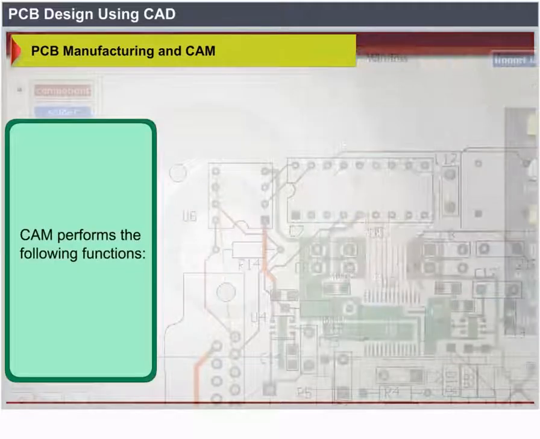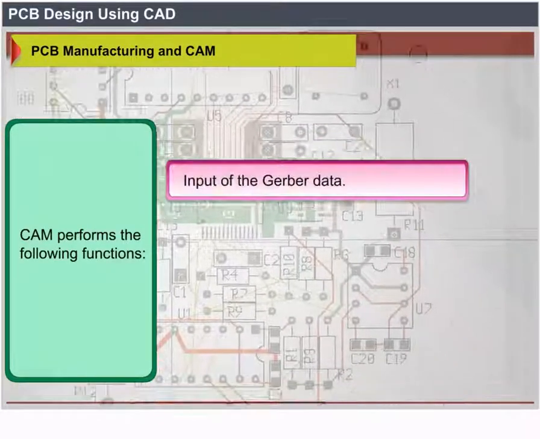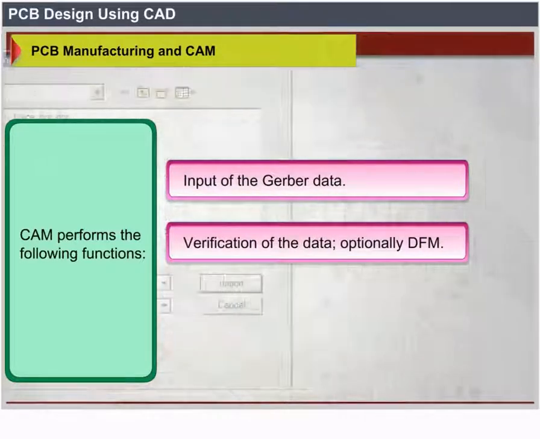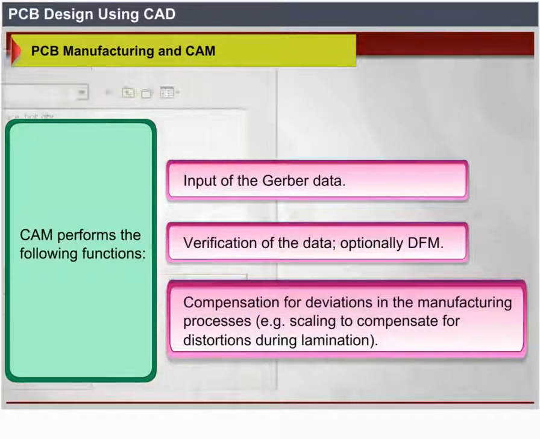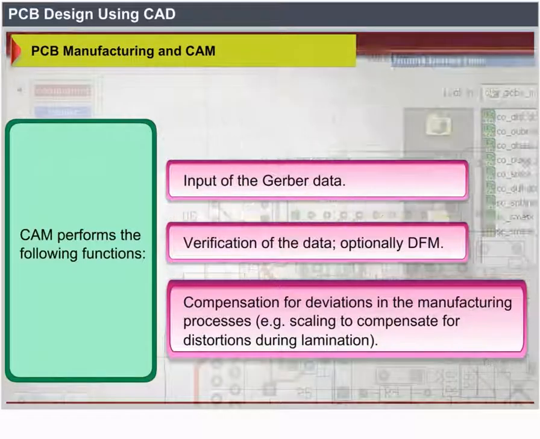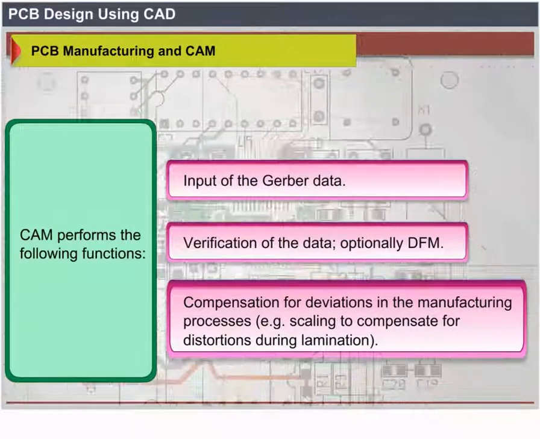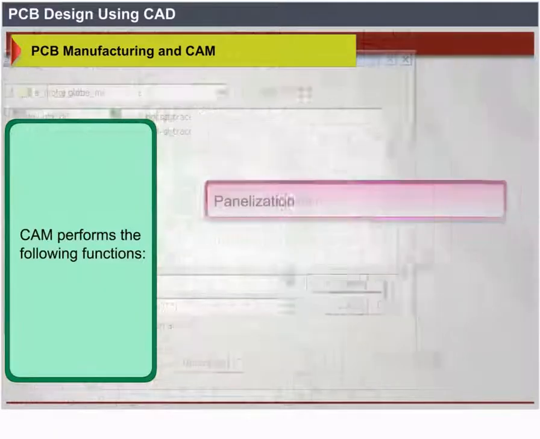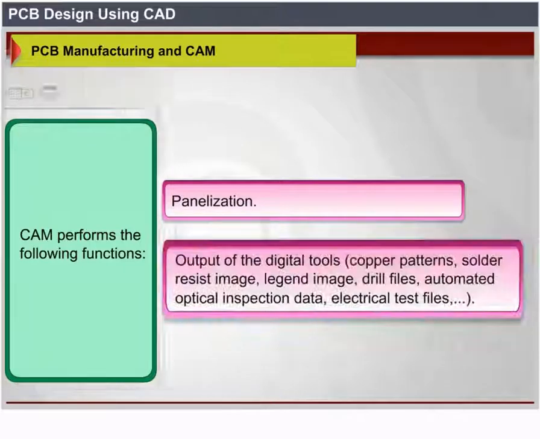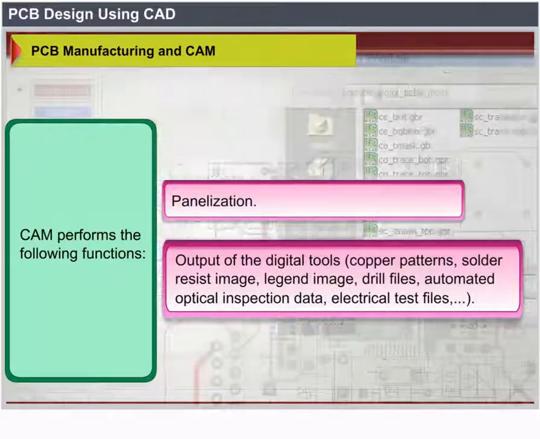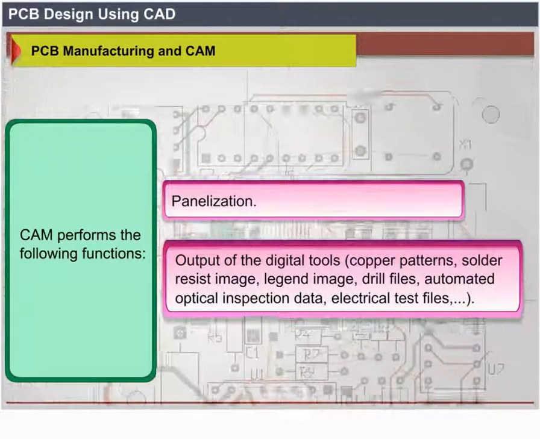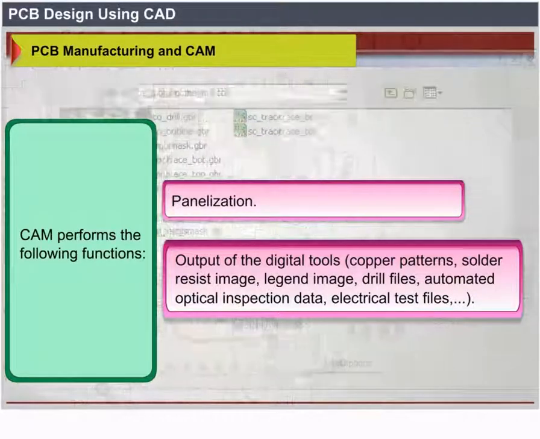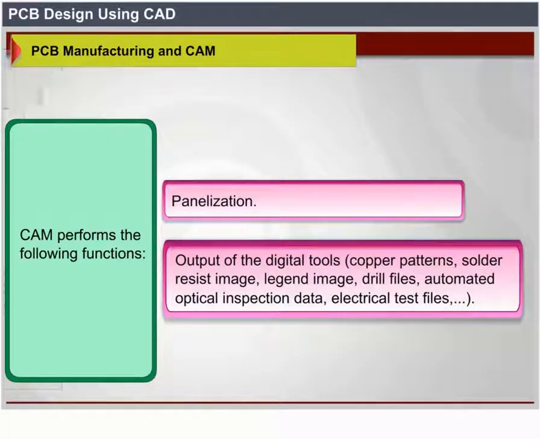CAM performs the following functions: input of the Gerber data, verification of the data optionally with DFM, compensation for deviations in the manufacturing process, for example, scaling to compensate for distortions during lamination, panelization, output of the digital tools, copper patterns, solder resist image, legend images, drill files, automated optical inspection data, electrical test files, etc.